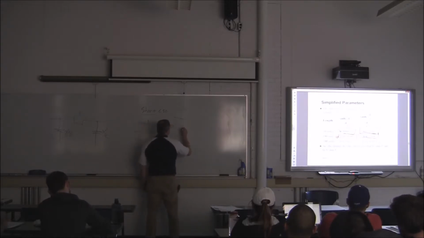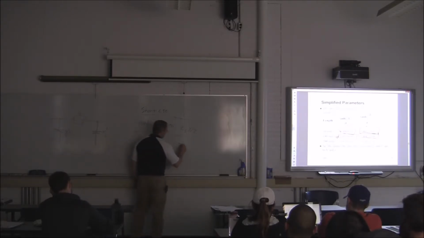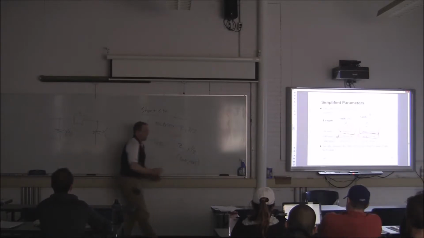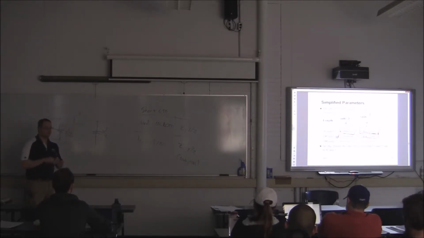So I only have a z term here. I only have a z term here, and that's it, nothing else. Over here, I have a z and a y over 2 on each end of the pi equivalent. On the long line, I have to use z primes and y primes over 2, which means I need some hyperbolic sines and cosines. I have to go back and get those really detailed equations.